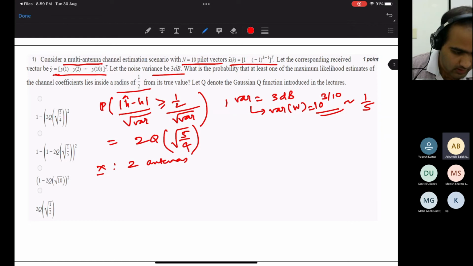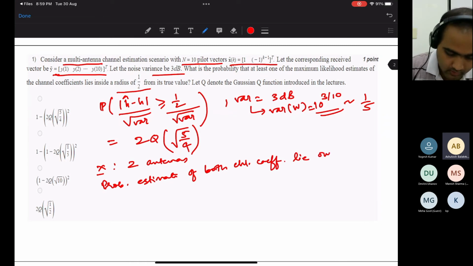So what we have been asked is that the probability that the estimates of both channel coefficients lie outside a radius of 1 by 2 will be the square of it, so 2q.